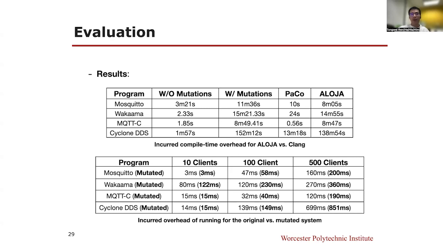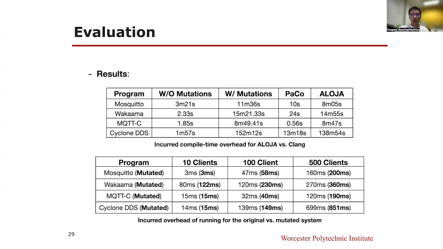The significant compilation time for Cyclone DDS indeed results from the fact that its large code base induces many candidate mutants. Thus, on average, testing a mutant requires 10 seconds. The process could be sped up by better mutation filtering heuristics, which we leave as future work.